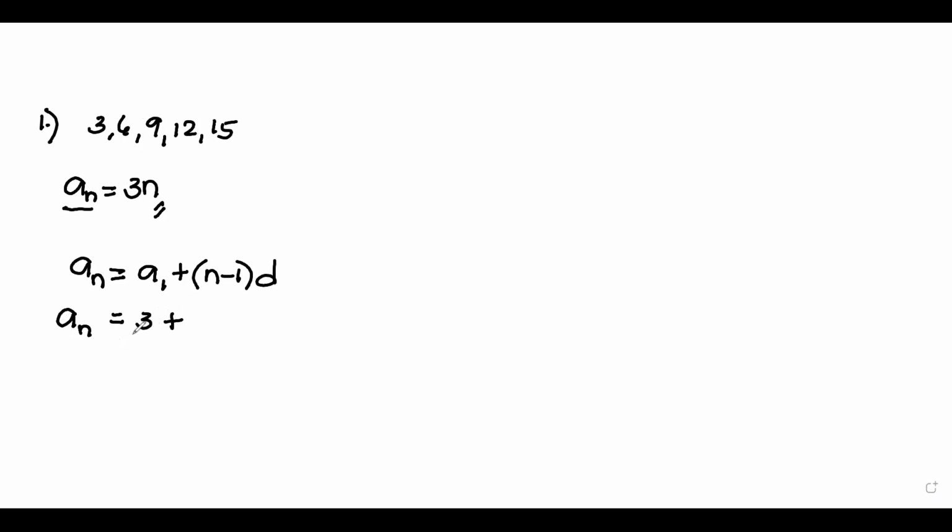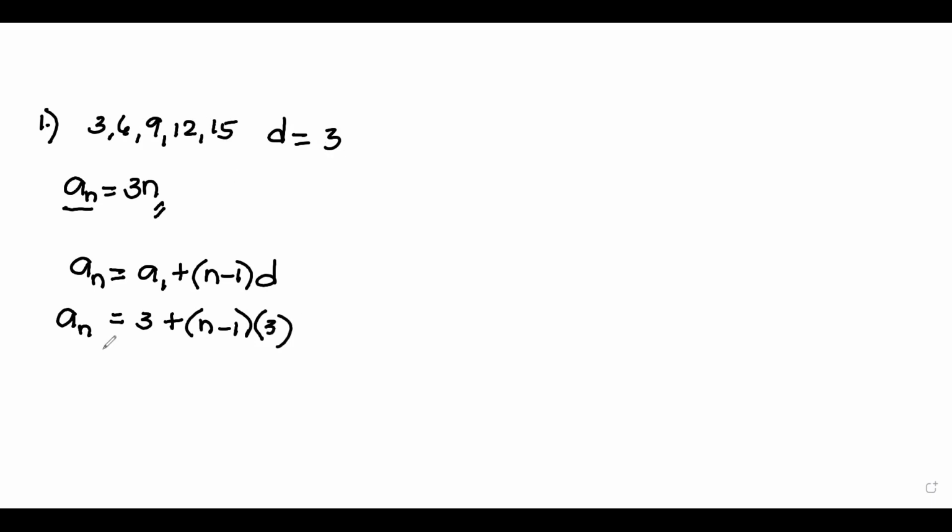So we'll have a sub n equals the first term, 3, plus n minus 1, times the common difference. Given this arithmetic sequence, we know that the common difference is 3, because 6 minus 3 is 3, 9 minus 6 is 3, 12 minus 9 is still 3, and 15 minus 12 is still 3. So they have a common difference, which is 3.